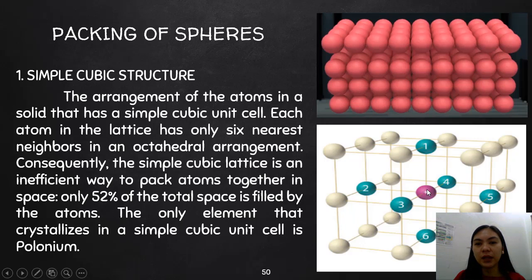Di ba parang ilang atoms ba yung naka-attach sa kanya? Of course, you have the atom on the back, on the front, and then you have the atom number 5 sa right side niya, the atom number 2 on the left side of this atom, sa right side is 5, sa taas is 1, sa baba is 6. So kumbaga, sa isang particular atom, may 6 po na atoms na naka-attach. Yan po yung simple cubic structure.